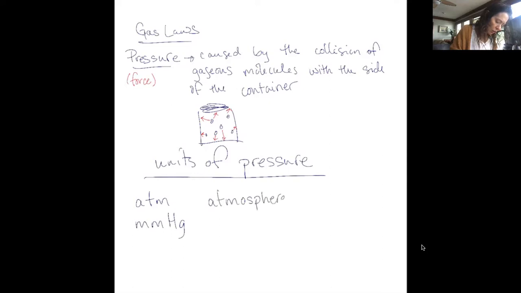So you'd say 1 atmosphere pressure, 2 atmosphere pressure. mmHg is literally a measurement of the millimeters of mercury, right? Hg is the symbol for mercury.